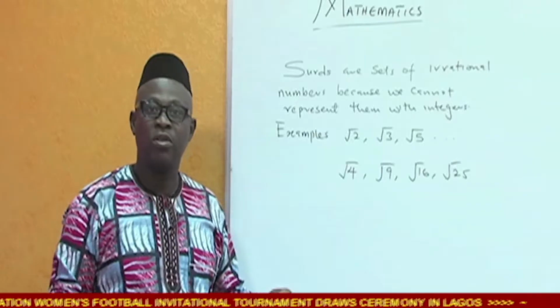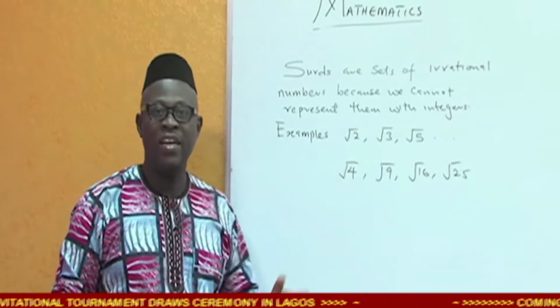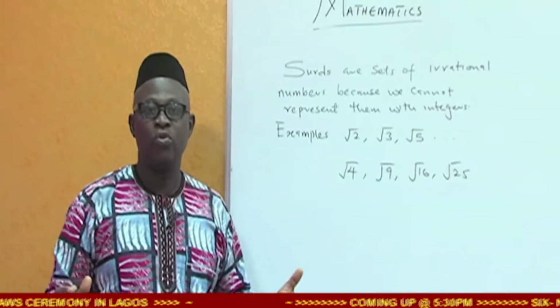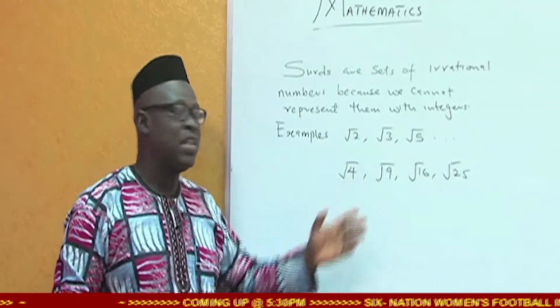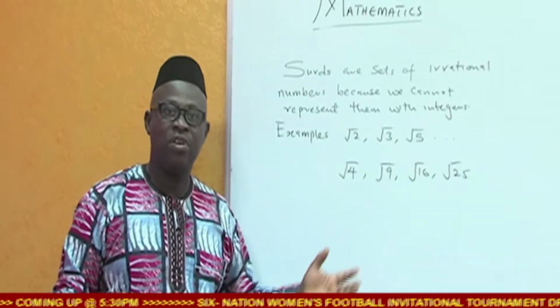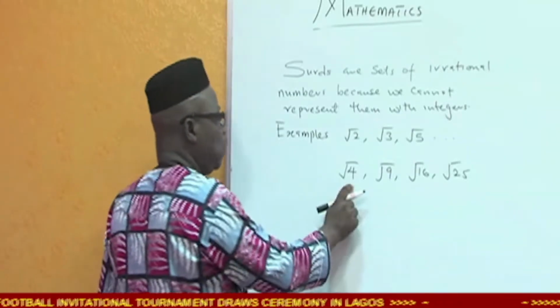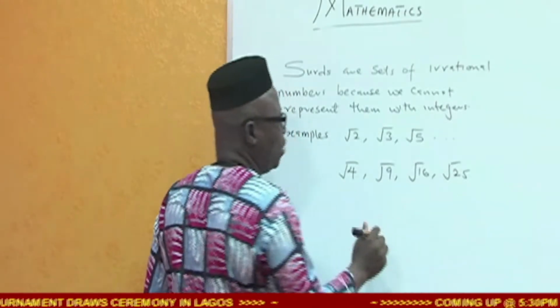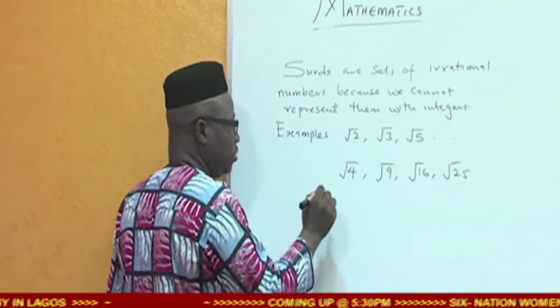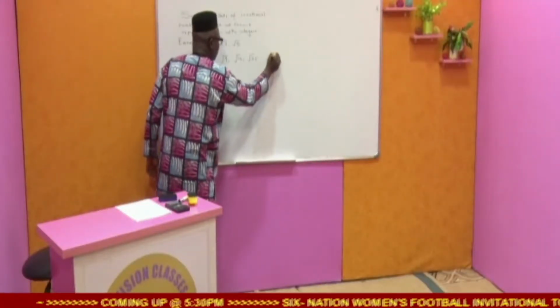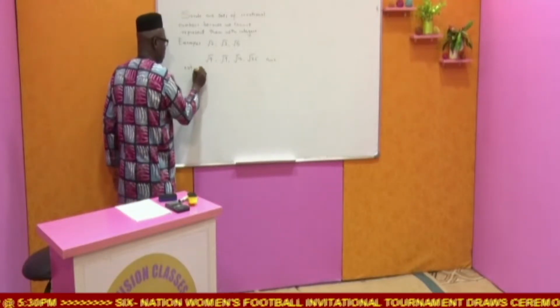Why are they not surd? Because root 4 is the same as 2, and 2 is an integer. Root 9 is the same as 3, and 3 is an integer. So what I'm trying to tell you is that root 4, root 9, root 16, and root 25 are not surds.